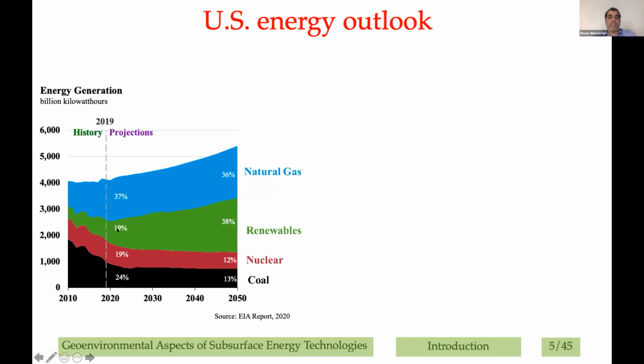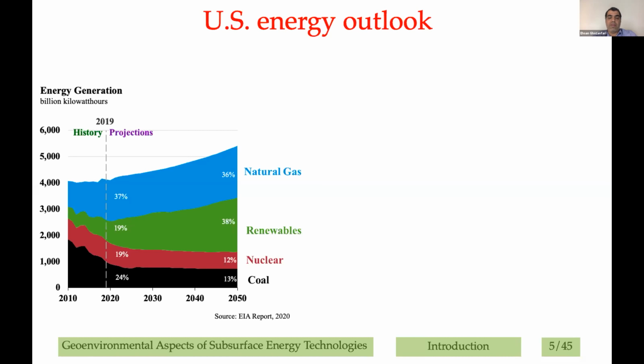Around 19% is the contribution of renewables, around 19% nuclear, and 24% coal. And if you look at the trajectory by 2050, you'll see that natural gas still plays an important role, more than 1/3 of the total generated energy, and the renewables is around 38%. Nuclear and coal are declining, which is good.